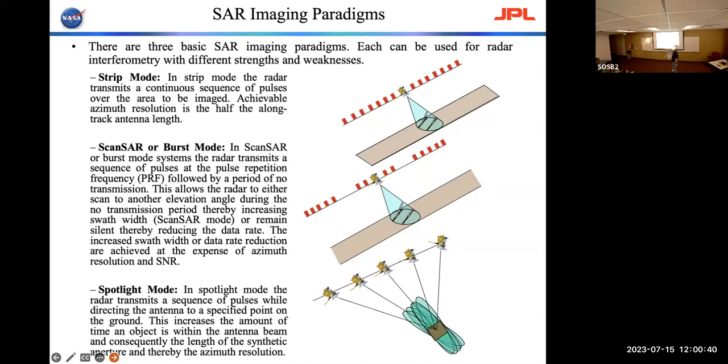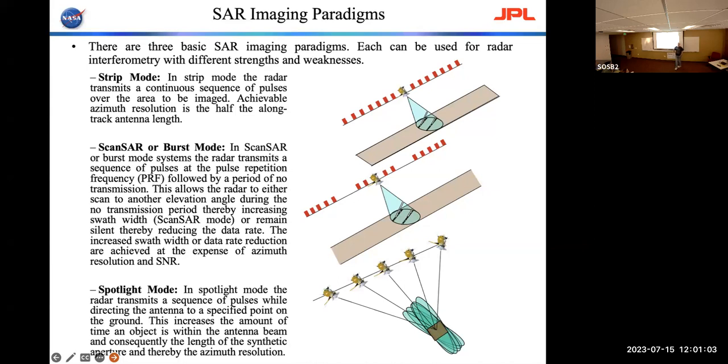So the ScanSAR thing is what she was referring to, and the idea is, okay, suppose I point my antenna when I'm transmitting here to a particular swath. And let's suppose that I can change my antenna position during this part to look at a different area over here. And then I ping pong between the two.